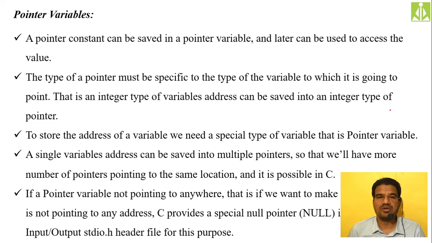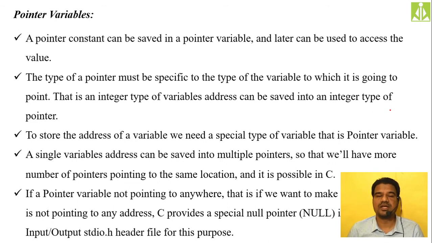So what I mean to say is the pointer should be specific to the type. To store the address of a variable, we need a special type of variable. That special type of variable is nothing but your pointer.